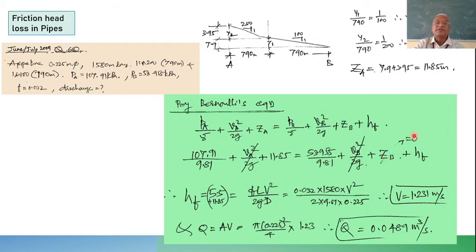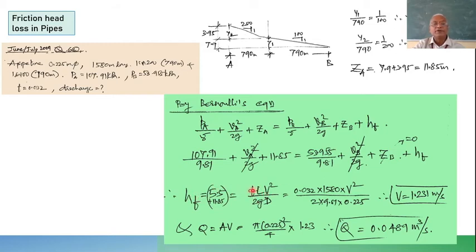ZB is considered 0 because ZA is 11.85, right? Then VA and VB are the same because the same diameter is running, because of that they cancel off. So HF will be equal to 5.5 plus 11.85. This 11.85 plus this and this, it will be 5.5.